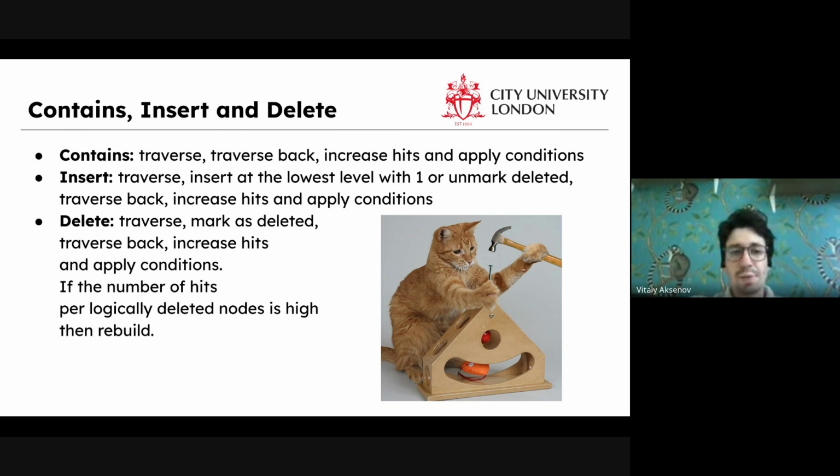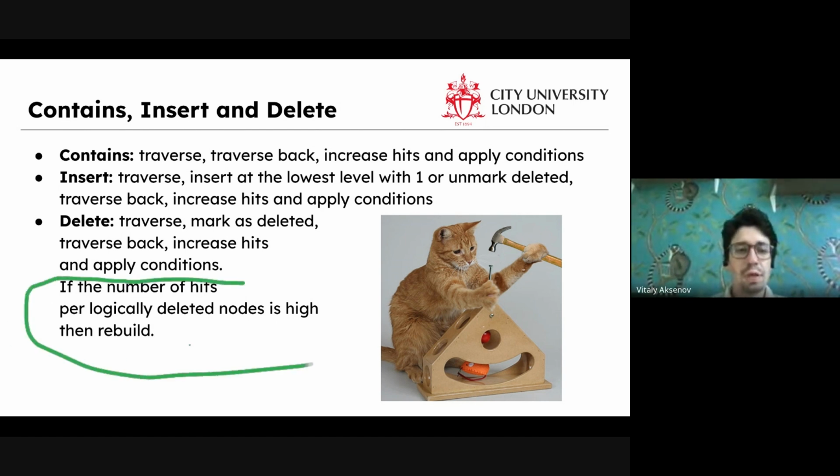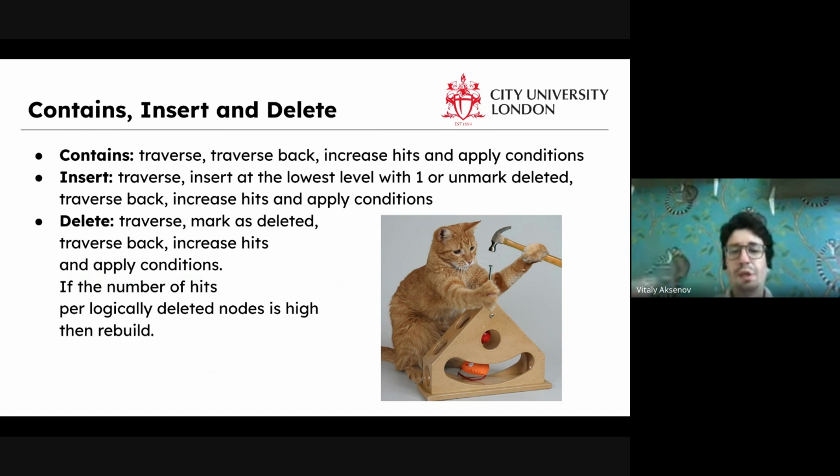The deletion is very important here: deletion doesn't delete an element physically. It deletes it only logically. So it just marks an element as deleted, traverses back, and applies all the conditions. To get rid of a lot of physical nodes, we claim that if the number of hits on logically deleted nodes is very high, then we rebuild the whole data structure from scratch.